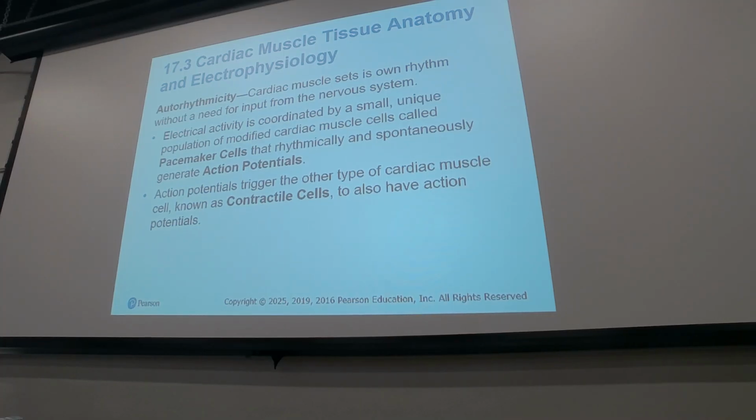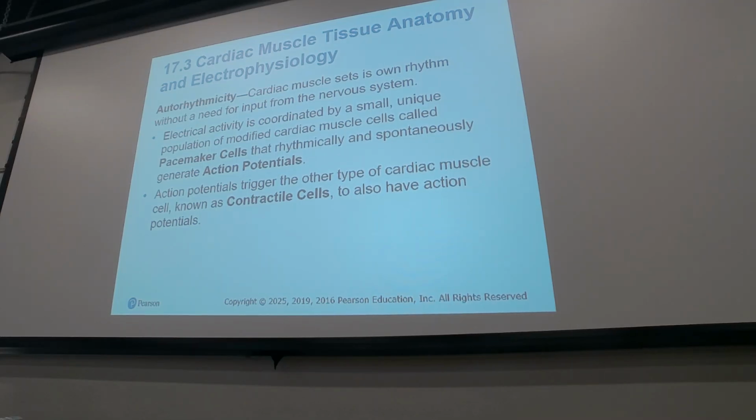Okay, now for physiology of the heart. Our heart beats automatically. It doesn't require input from the nervous system. We have specialized cells called pacemaker cells that undergo spontaneous action potentials.